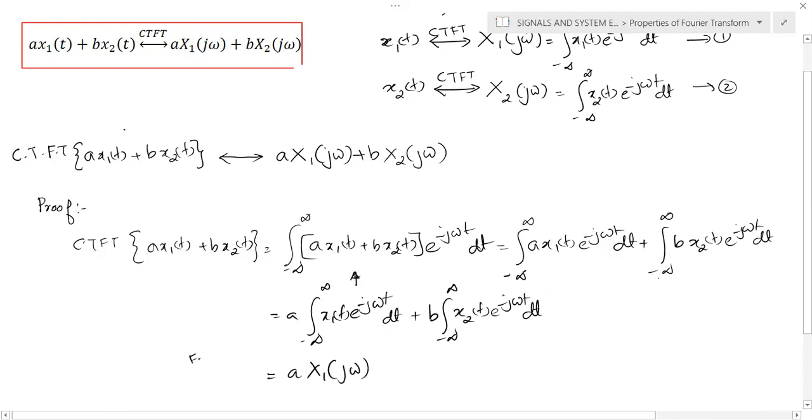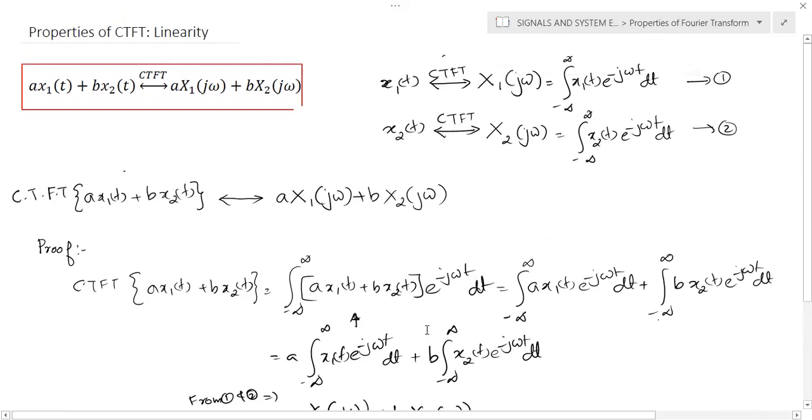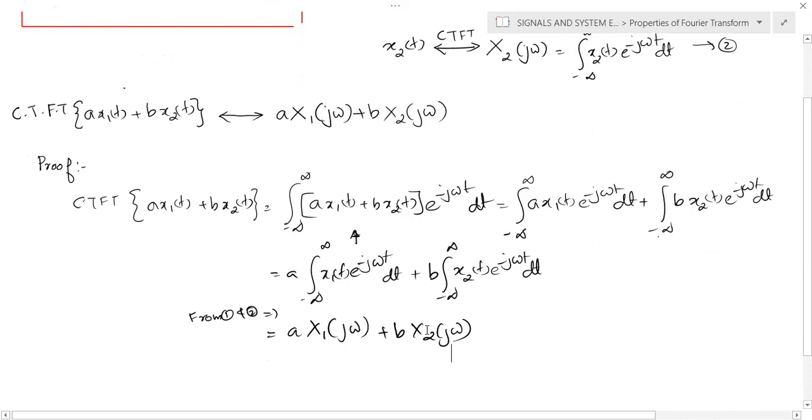From 1 and 2, I can write it as a X1 of j omega plus b X2 of j omega. So now we proved the result. The Fourier transform of a x1 of t plus b x2 of t, you can simply write a X1 of j omega plus b X2 of j omega. So this is the linearity property.